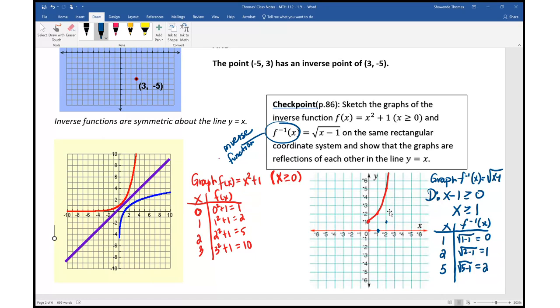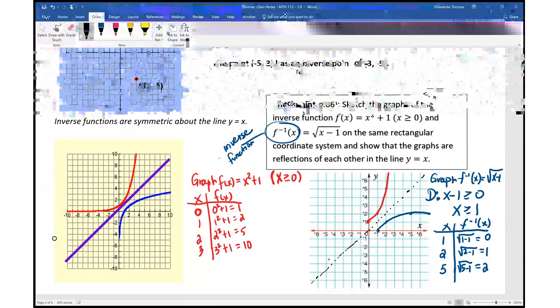So notice you've got that square root function going this direction. All right, so that's showing you that these two functions here are symmetric again about the line y equals x. Notice if we fold it across this dotted line here, you have mirror images of each other.